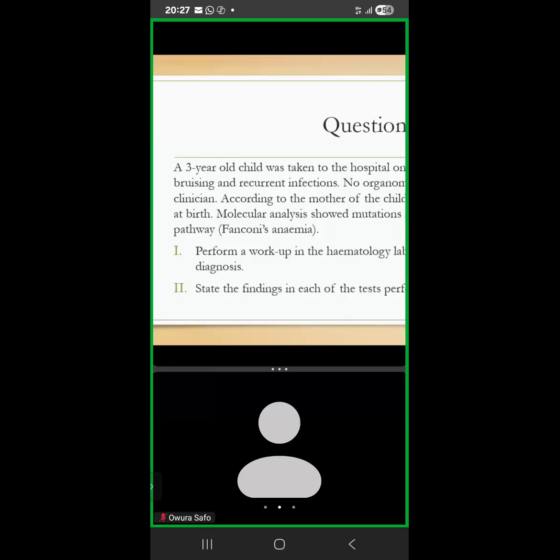It is because we have been limited to just doing FBC and peripheral blood smear. Even a peripheral blood smear slowly is being taken away from us. If we don't sit up and we lose that, we'll end up being only using machines.